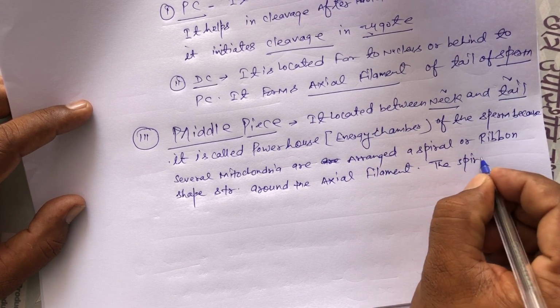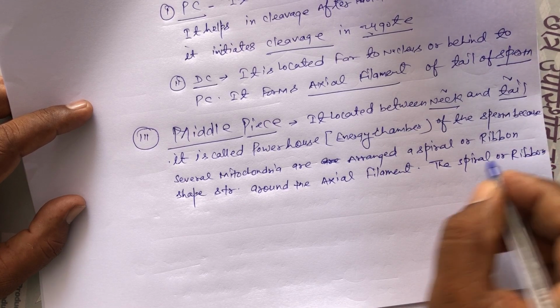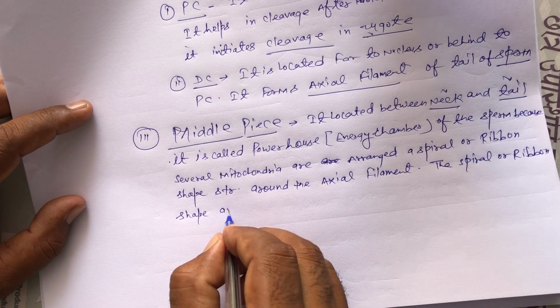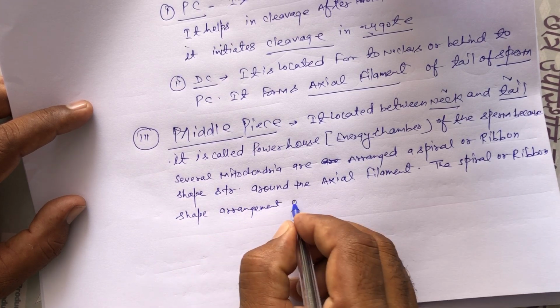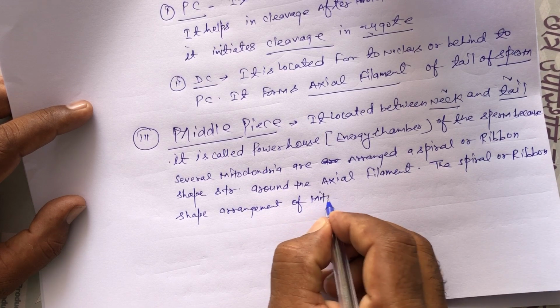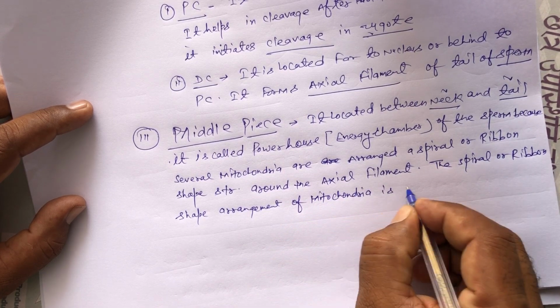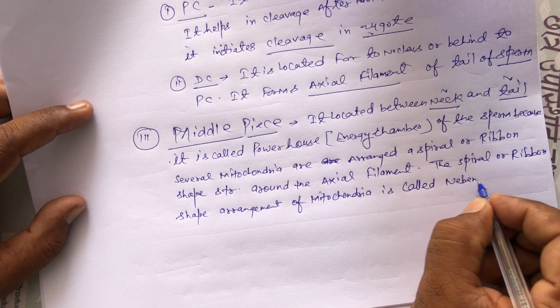The spiral or ribbon shape arrangement of mitochondria is called Nebenkern.